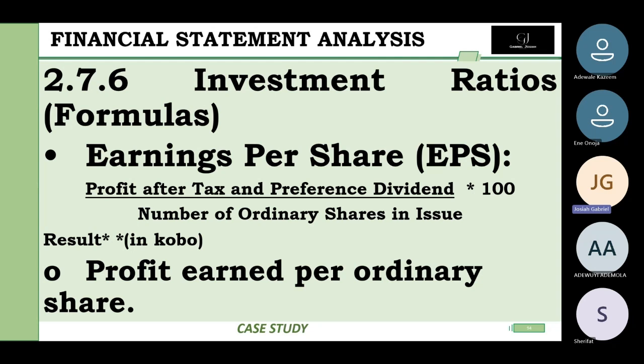So the investment or shareholders ratio speaks to earnings per share. And the formula is your profit after tax less restrictive covenants, which are preference dividends, divided by the number of ordinary shares in issue for ordinary shareholders. And the result is provided in kobo to determine the profit earned per ordinary share held by each shareholder in that business.